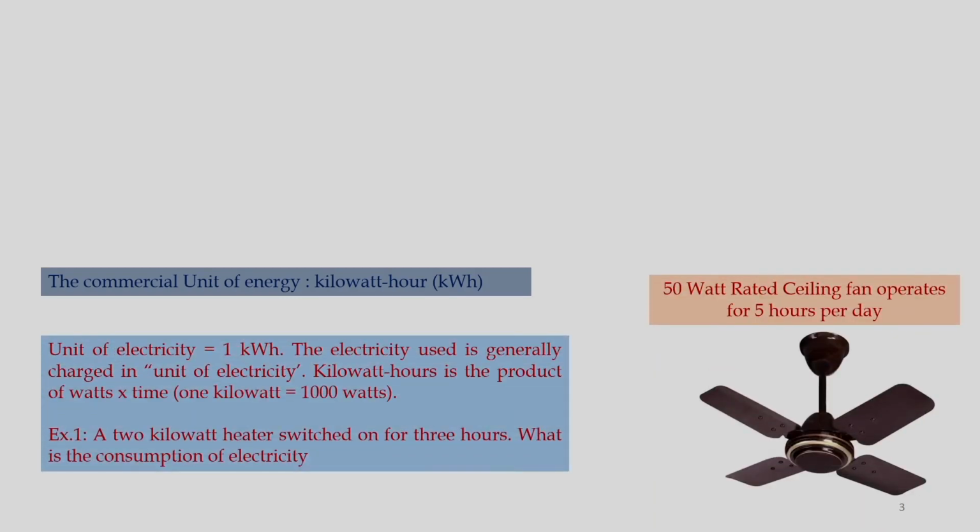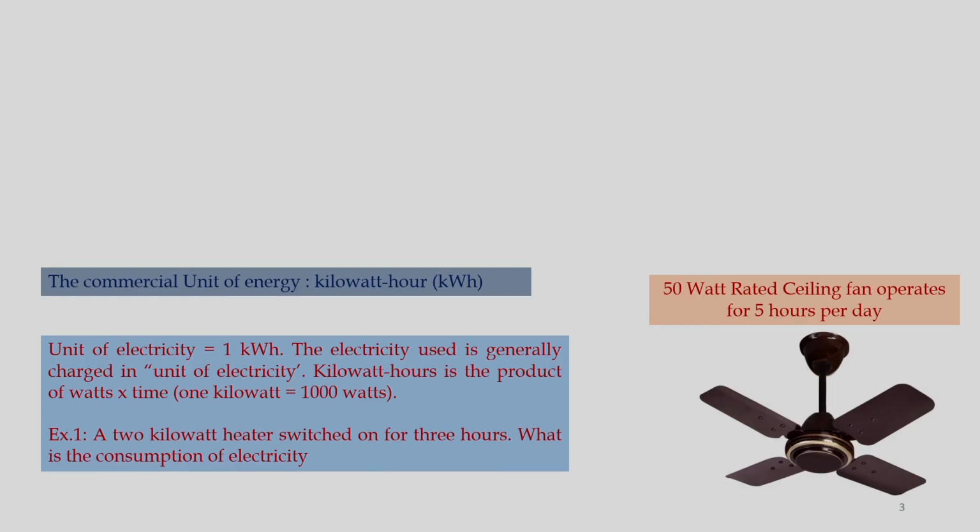It is kilowatt hour, right? Let us learn in a deeper sense what is kilowatt hour. Normally we know unit, okay? What does it mean? 1 unit is 1 kilowatt hour. The electricity used is generally charged in units of electricity. The kilowatt hour is the product of watt and time.